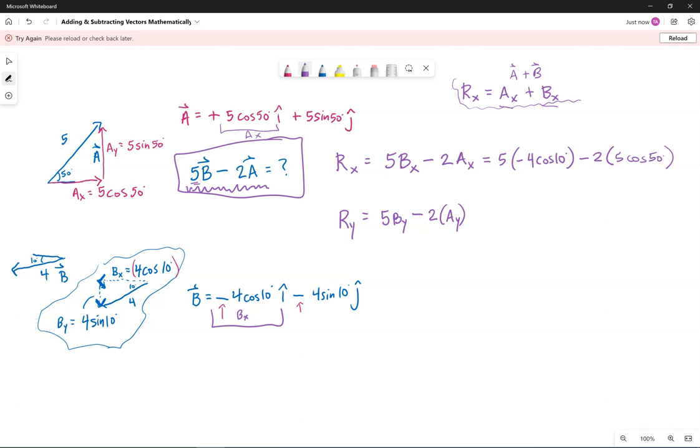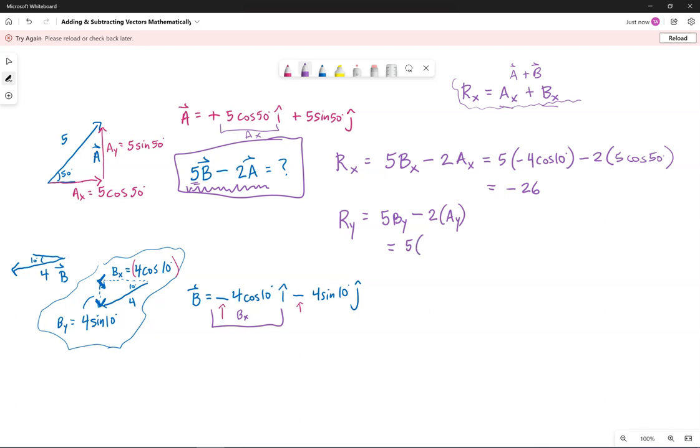The minus sign flips the direction, so instead of having Ax going to the right, it's now going to the left, and it's 2 times longer. So let me just throw in these numbers. Minus 26. That means this x component points to the left and has a length of 26.